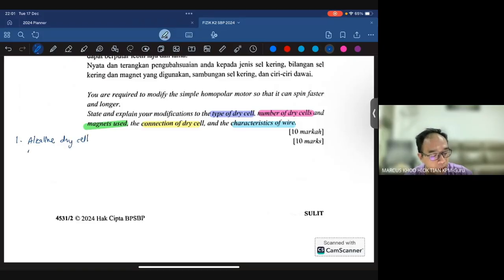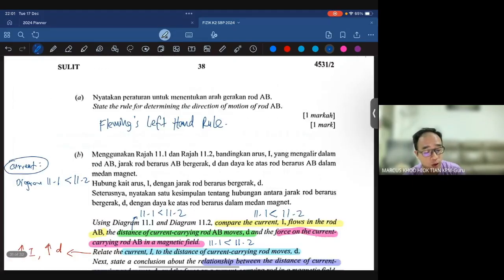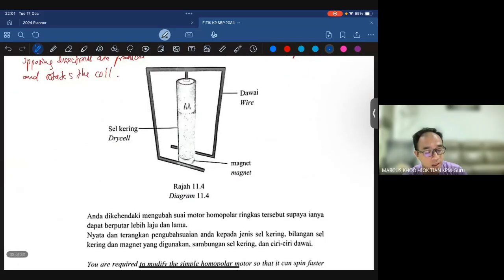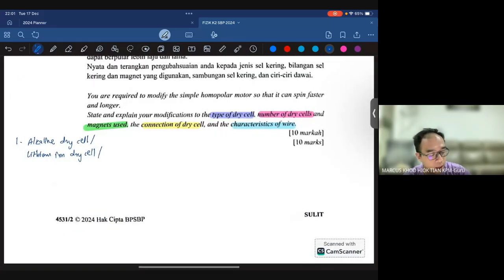Lithium ion, yeah. Lithium ion dry cell. Or if you want to keep it simple, since we've been talking about internal resistance just now, you can say dry cell with low internal resistance.